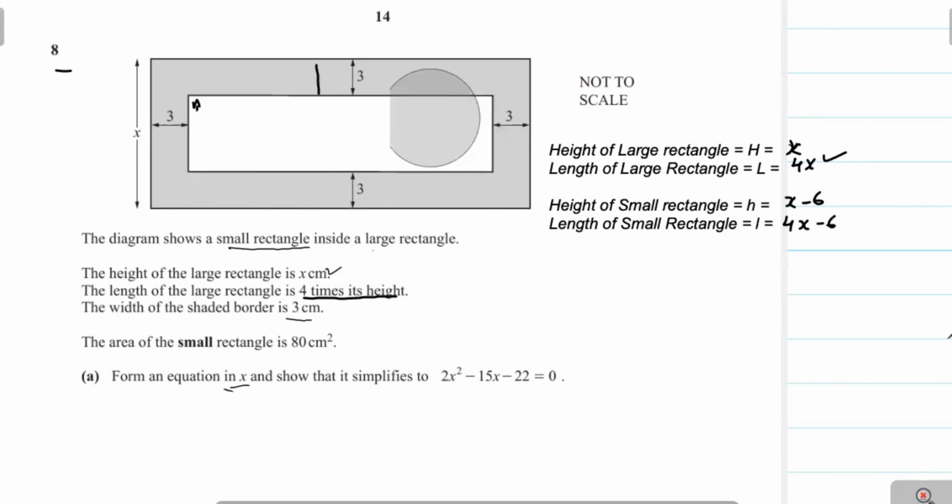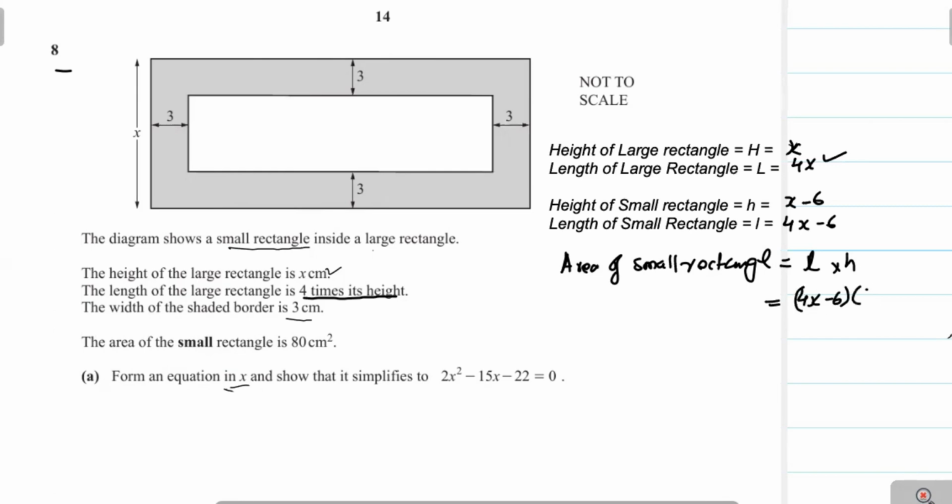And next is the area of the small rectangle. The area of the small rectangle will be equal to length multiplied by height, and the length is 4x minus 6 multiplied by x minus 6, and the area of the small rectangle given here is 80 centimeters squared.